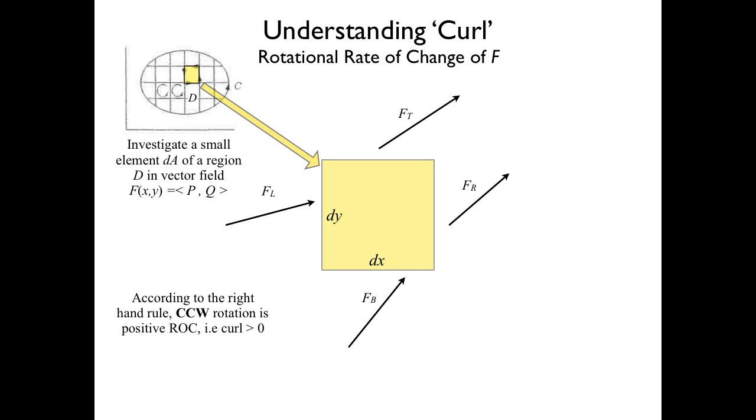So, for instance, if I look at this bottom one and I take this component, what are we calling the x component of F? P, right? So this is P sub B, P for the bottom vector. I'm going to do that for the top vector as well.